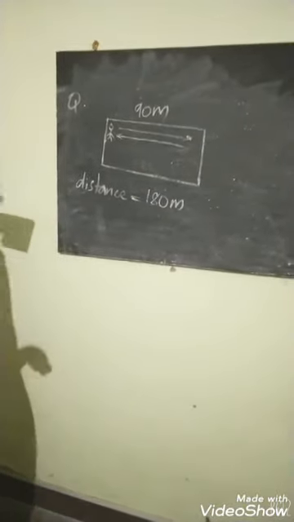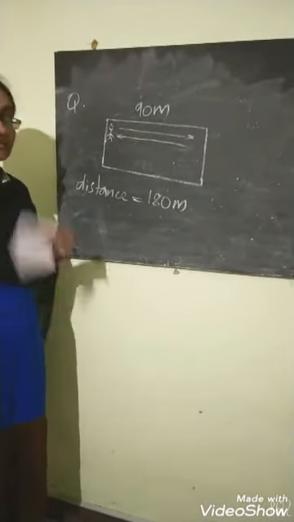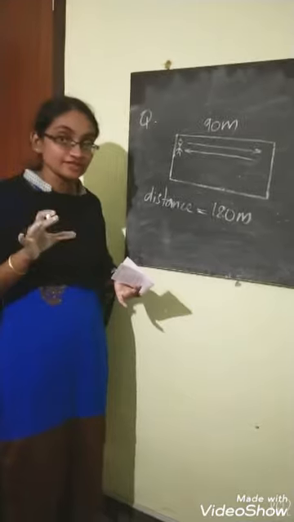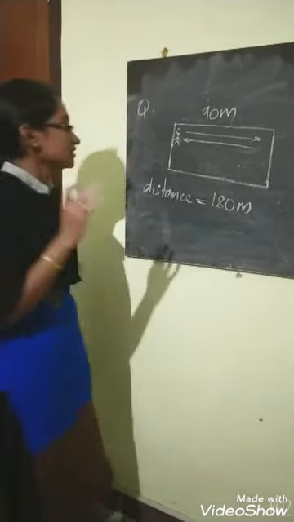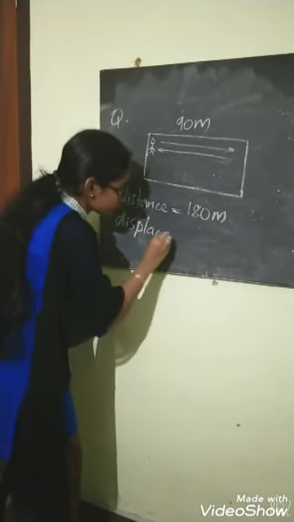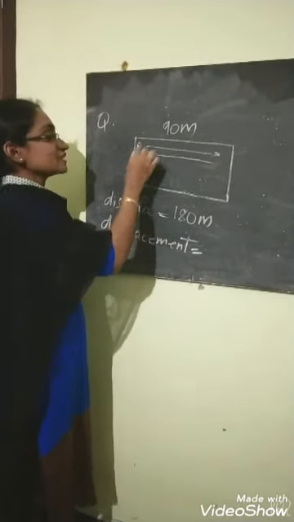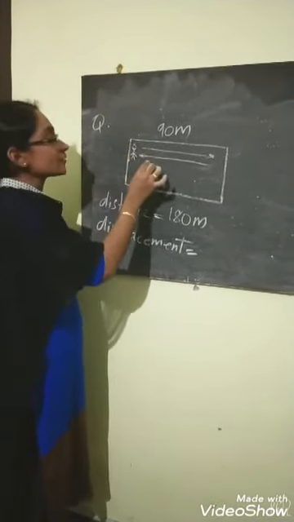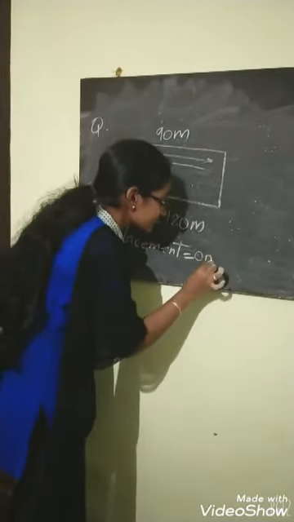And then what is the displacement? Displacement is the difference between the initial position and the final position. So here this person's initial point and final point are the same and the displacement is equal to 0 meters.